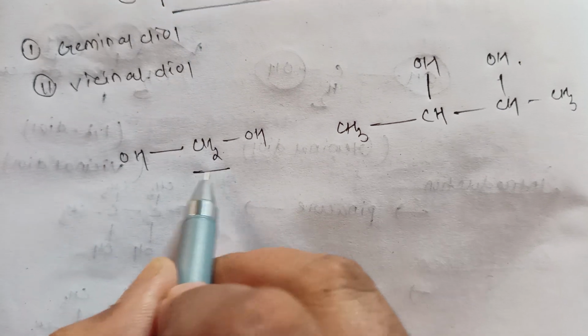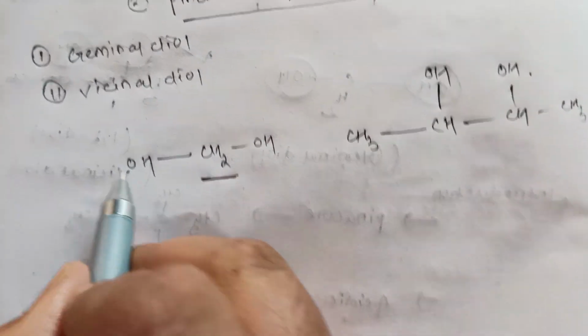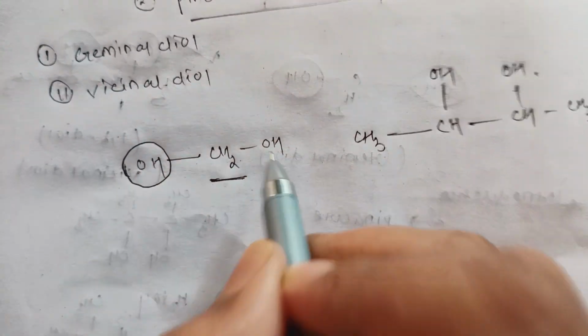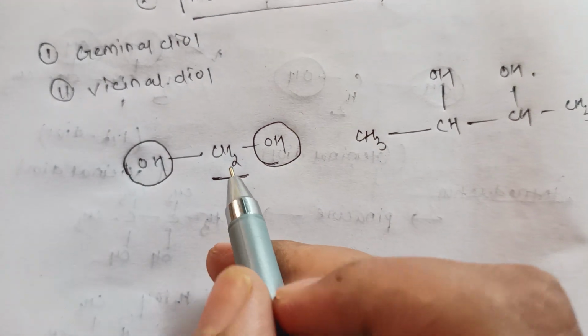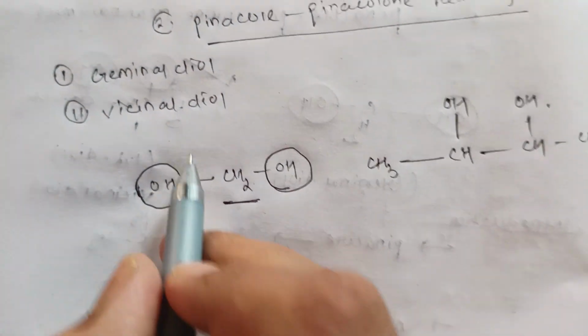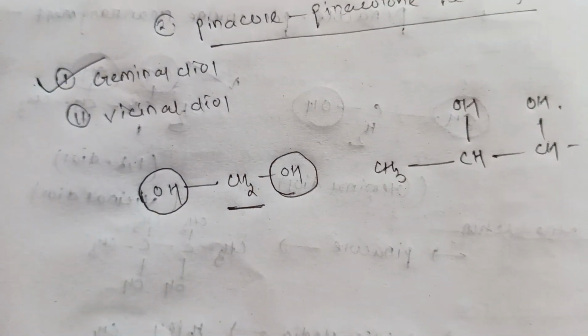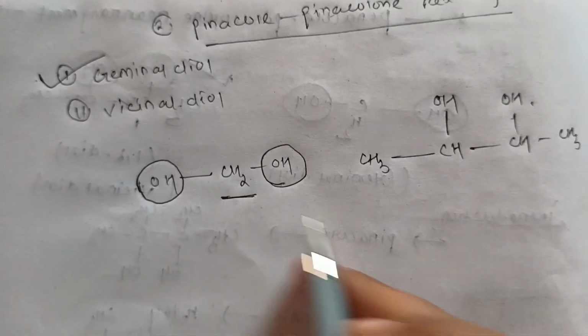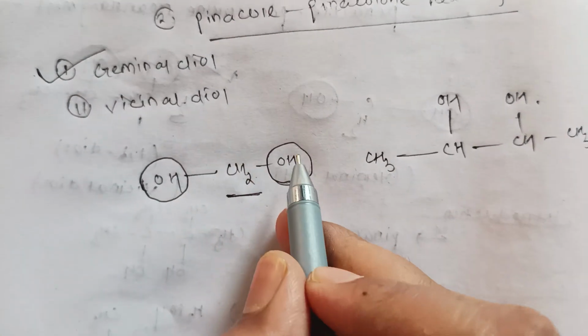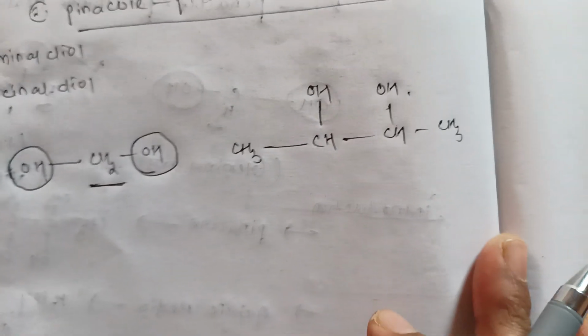Now you can see here one CH2 carbon is attached with two hydroxy groups, that is called geminal diol. When one carbon atom contains two hydroxyl groups, that is called geminal diol.